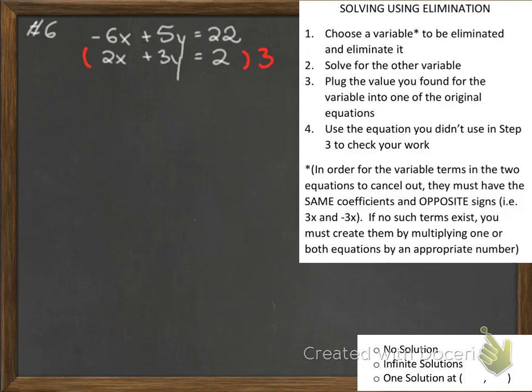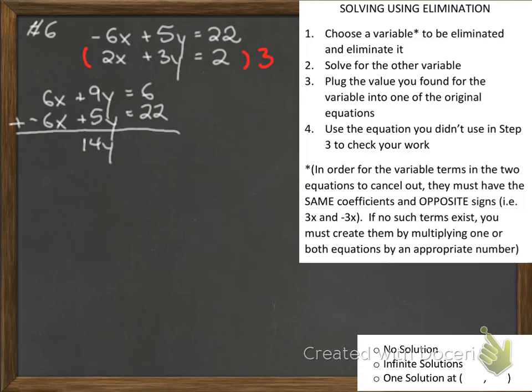So we have 3 times 2x is 6x, 3 times 3y is 9y, 3 times 2 is 6. Then I'm going to bring the other equation that I did not modify down, write that underneath, and then I will add these together, and that gives me 14y equals 28.